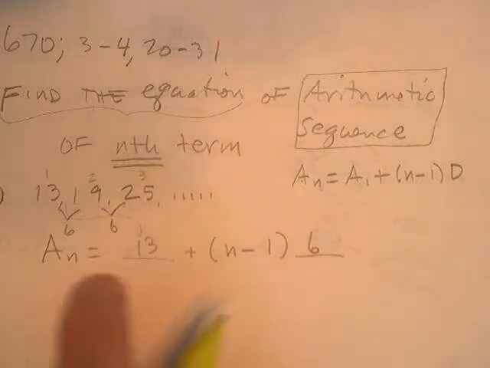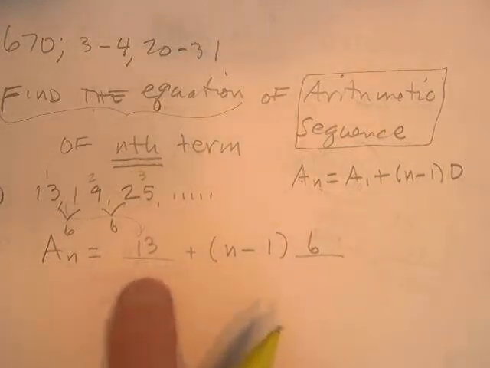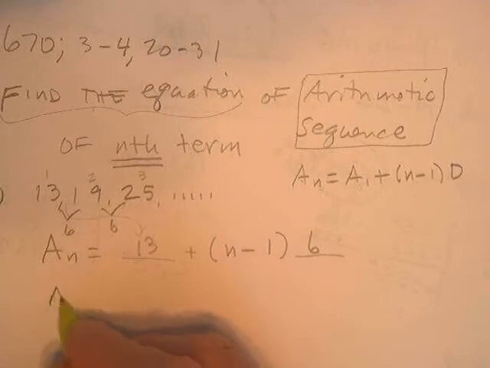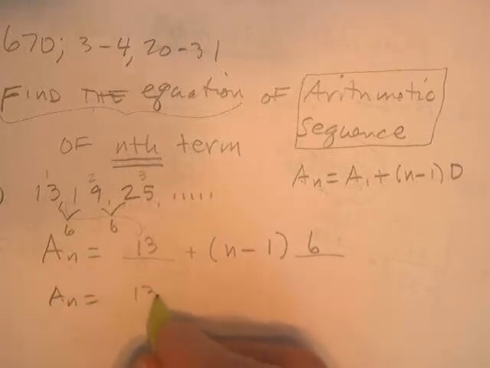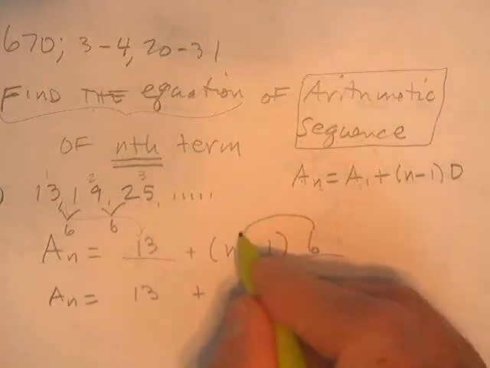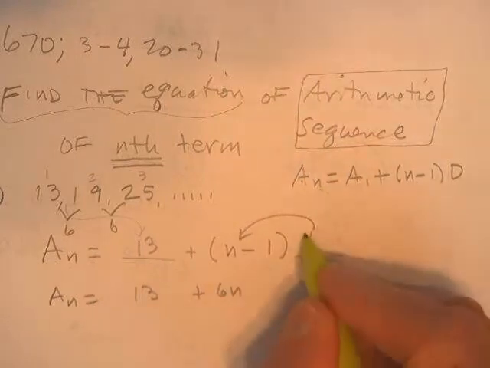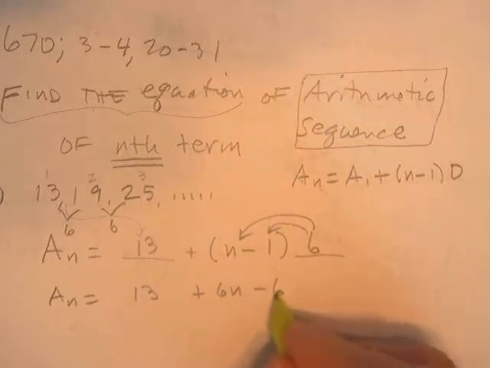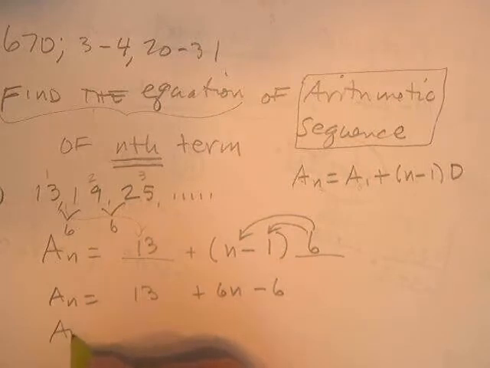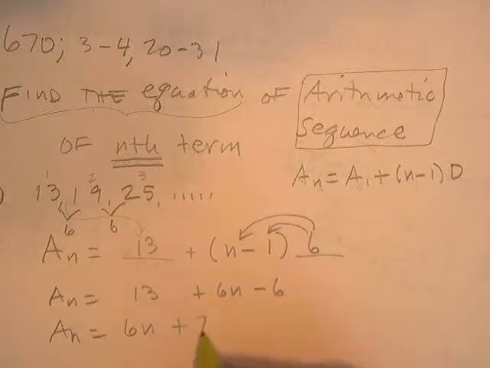Now, I won't give you any credit on the test if you leave the formula like this, because we'll expect you to simplify this a little bit. How about 6n minus 6? Then let's write the n one first. I don't know, where's my calculator? 13 minus 6, that's 7.